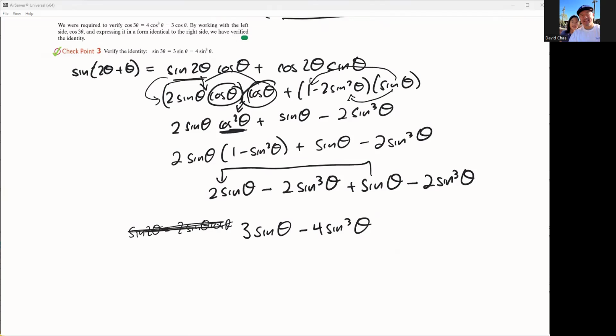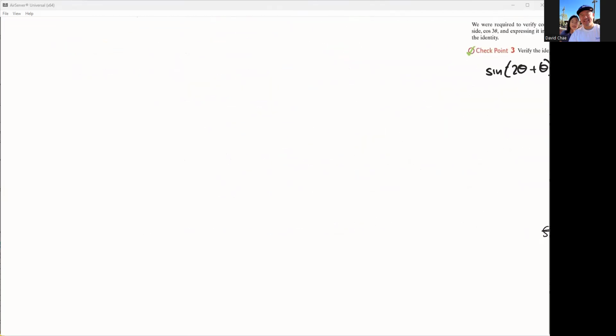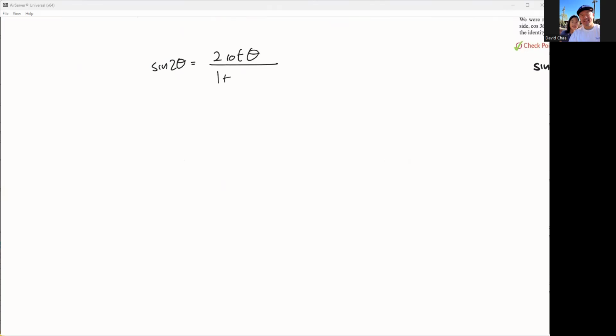All right. I haven't done this problem and I kind of want to try it. So let's try, and I was going to do example 4, but I'm going to do away with this. This is sine 2 theta is equal to 2 cotangent theta over 1 plus cotangent squared theta.